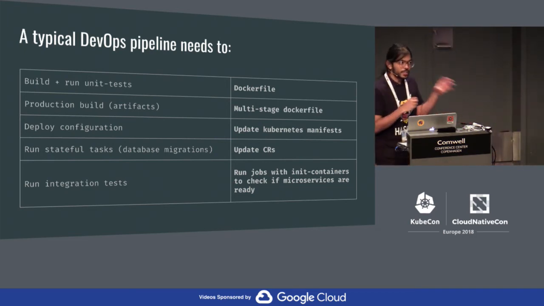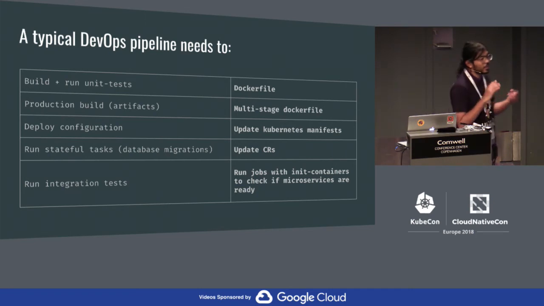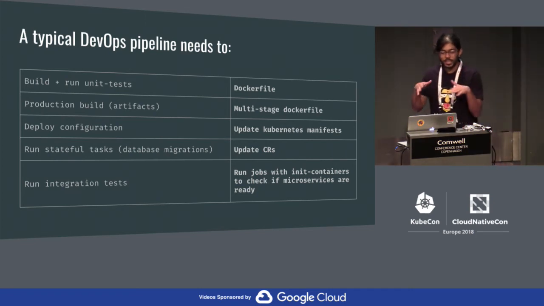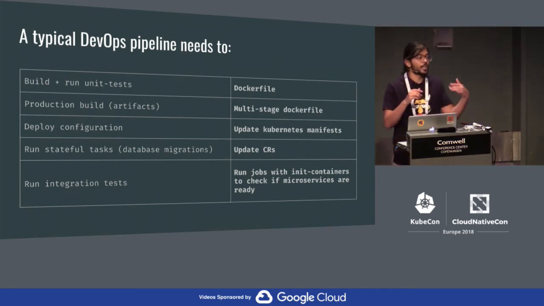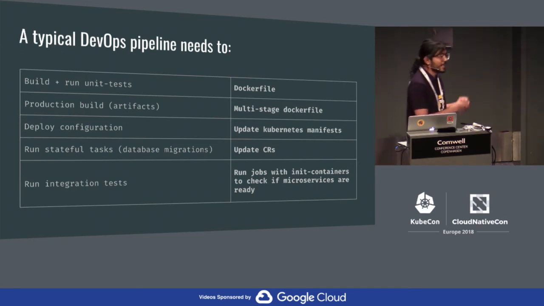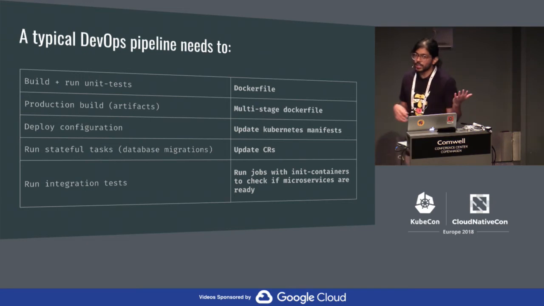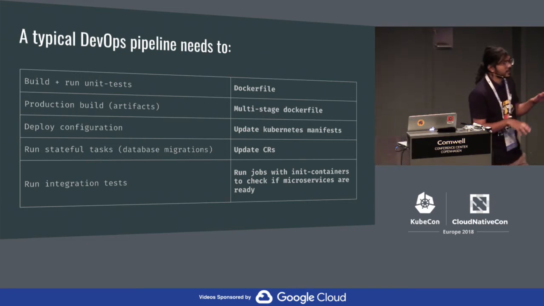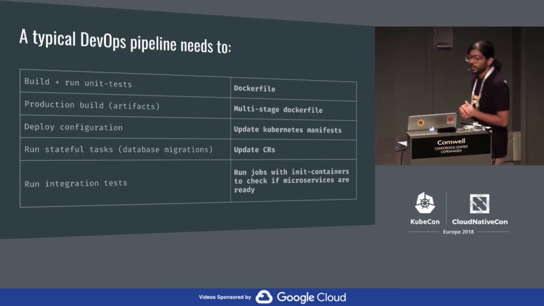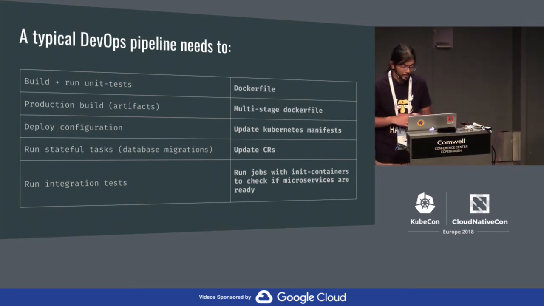So custom resources or custom resource definitions become the only way to operationalize these stateful tasks. And they should also just execute without depending on any external notion of a sequence. For integration tests, you would have jobs, and you could just have an init container that checks if the dependent microservices are ready, and then runs whatever test you need to run.